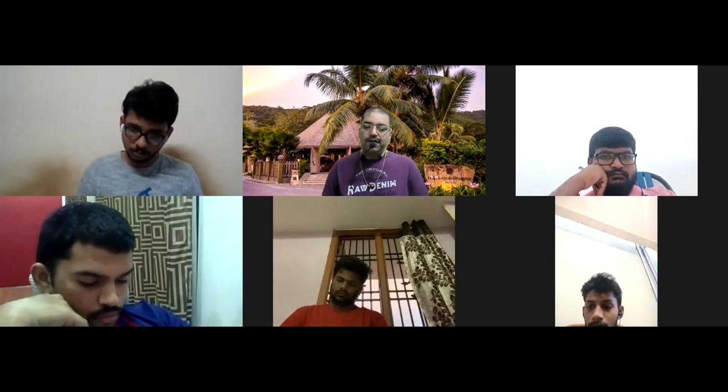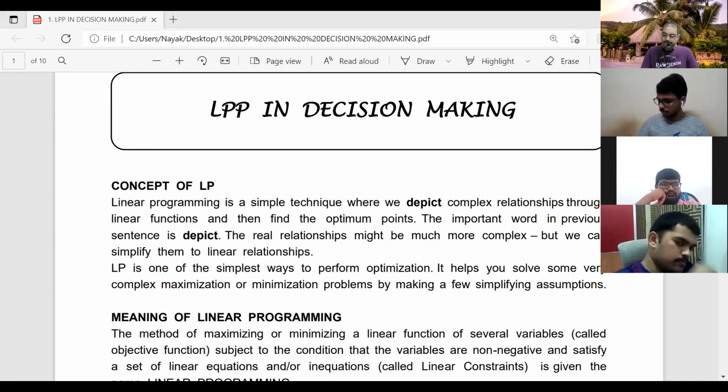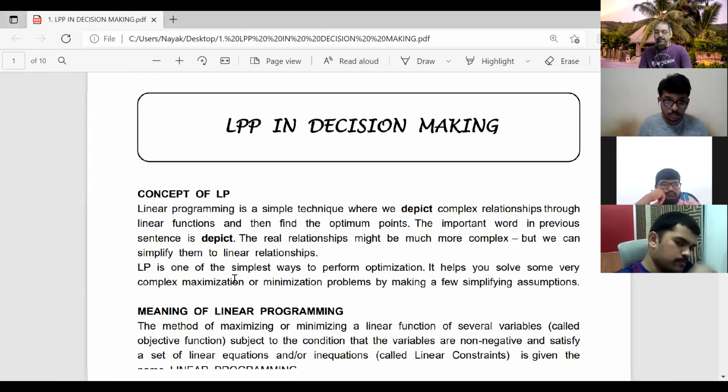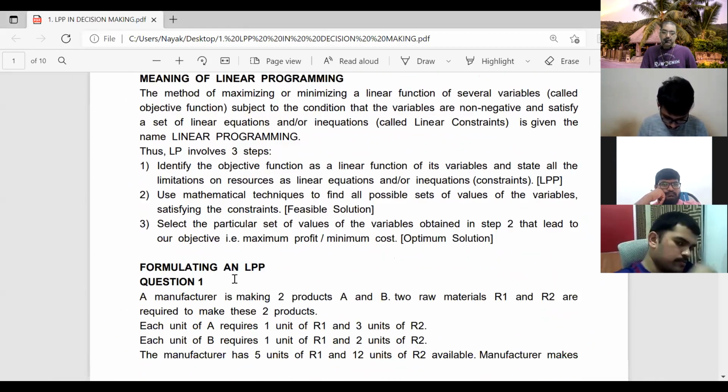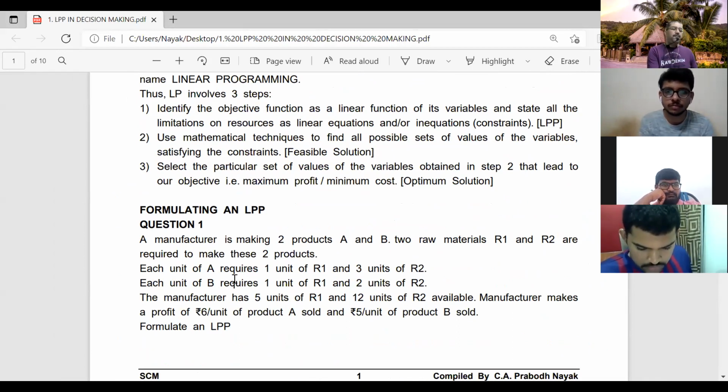Now, let us take a small case. We'll start with question number 1. This is a small example, a typical example where we are just learning.